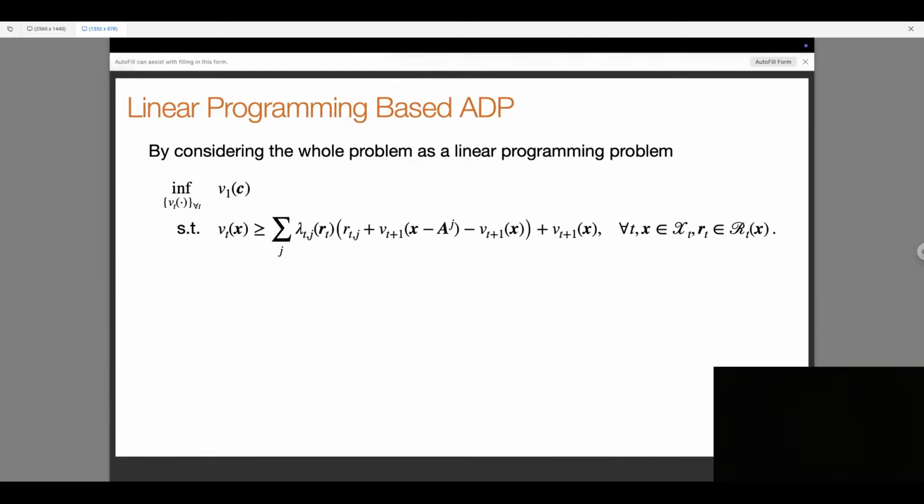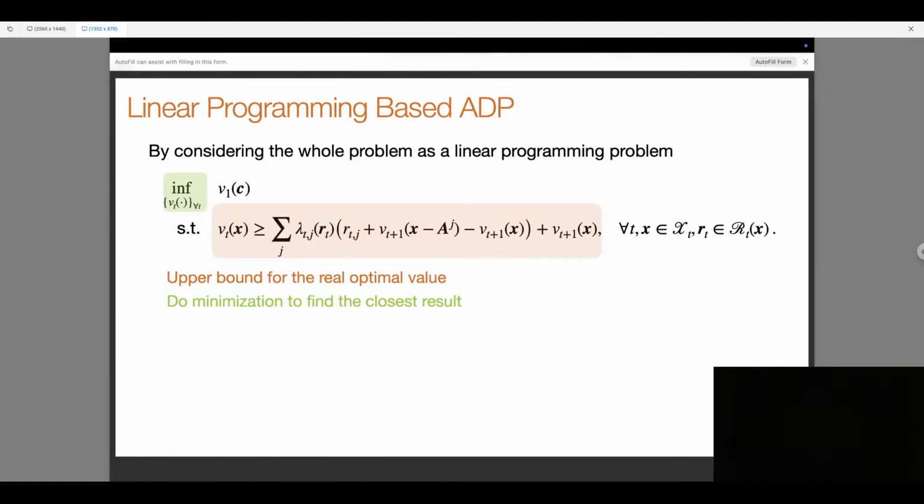That is to consider the whole problem as a linear programming problem, and all the DP formulation is stated as a constraint, with every x_t taking the upper bound for the real value, and finally we do minimization to find the closest result and push V_t(x) to be close to the optimal value. I think it's quite straightforward.